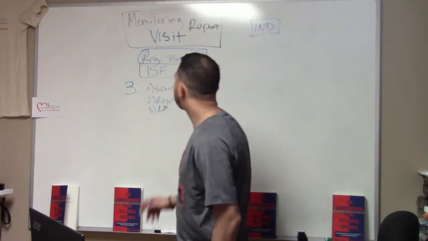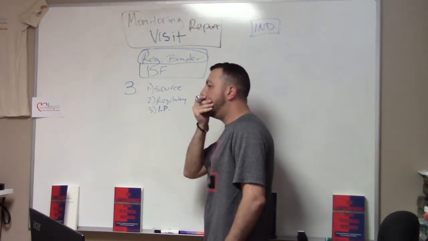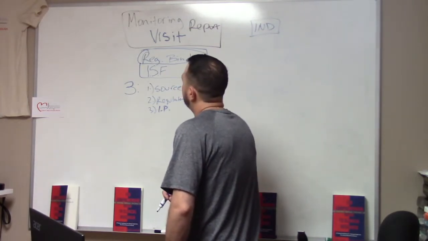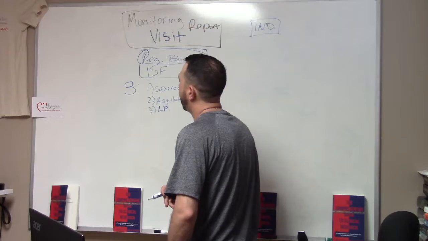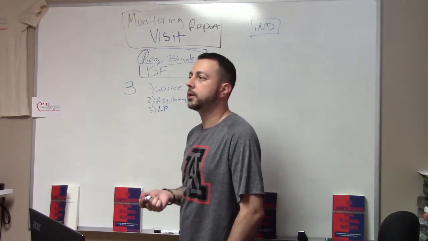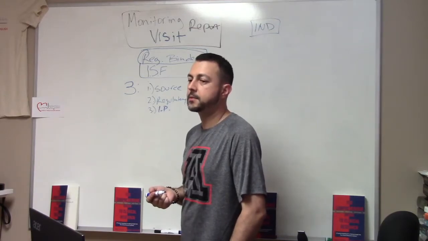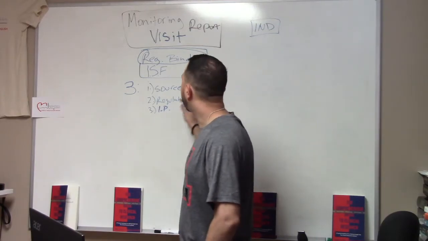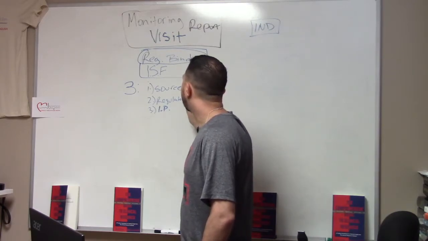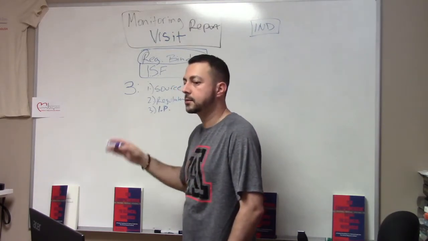To answer your question, do you look at these at the same time? If it makes sense to do so. Usually no, but sometimes it makes sense to look at source and regulatory, or even source, regulatory, and IP all at the same time.